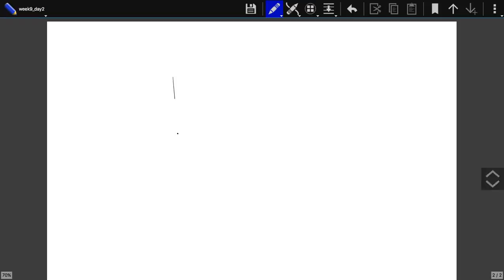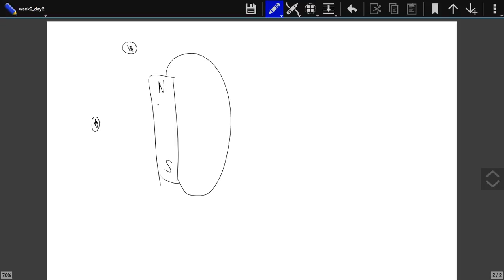If you take north and south, if you put let's say a compass over here, it should align in this direction. If you put the compass over here, it should align in this direction. And so if you just draw these magnetic field lines, they should look like this.